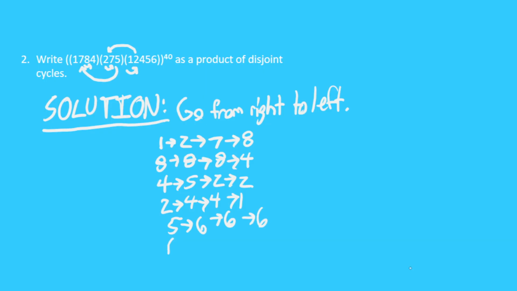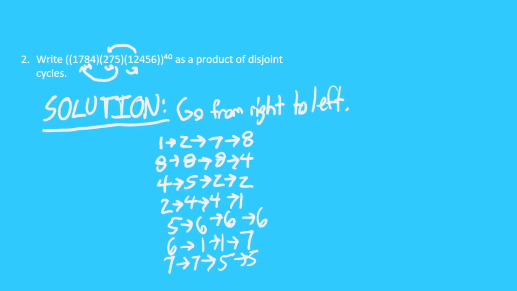Then we have 6 goes to 1, goes to 1, goes to 7. Then we have 7 goes to 7, goes to 5, goes to 5. So let's see if we can form some disjoint cycles from these.